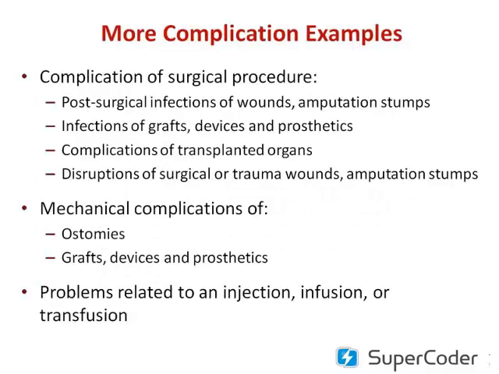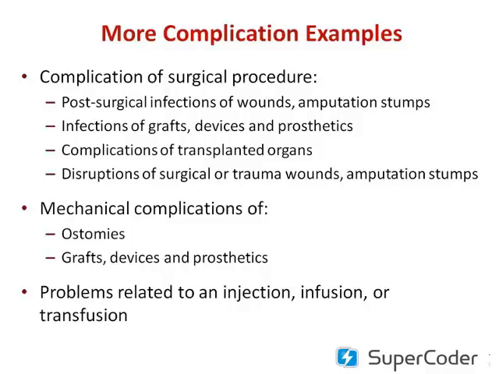There are actually many more complications even than there are late effects. So there are many complications of surgical procedures. We can have post-surgical infections of wounds. We could also have specific post-surgical infections of particular types of wounds, like an amputation stump, or, say, after a joint prosthesis.